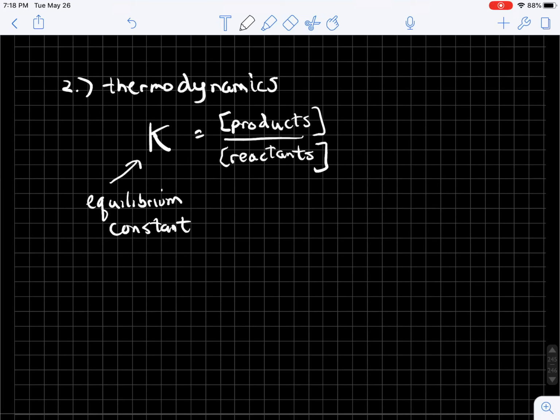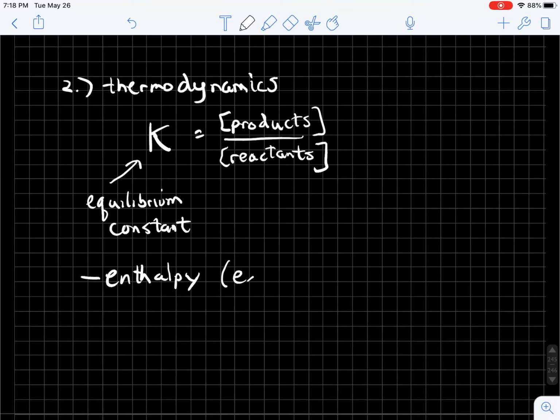But when you talk about thermodynamics, you really have to consider a couple of things. Are these products that you're creating thermodynamically favorable? In other words, what is the enthalpy? Are you going from high energy to low energy? Are you going from low energy to high energy?